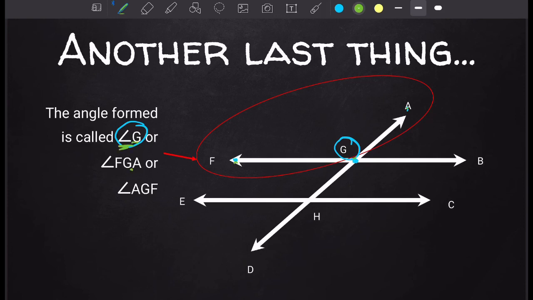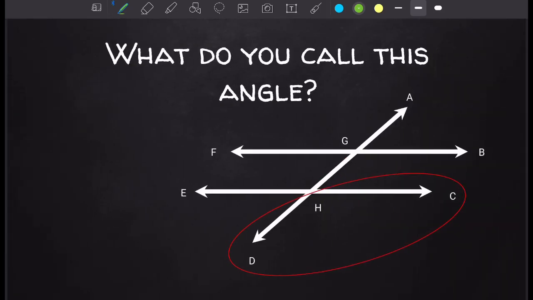If it's just one letter, we're talking about the vertex of the angle. If they give you 3 letters, they're talking about the points that make an angle. But if you notice, it's always the vertex that's in the middle. So what do you call this angle?